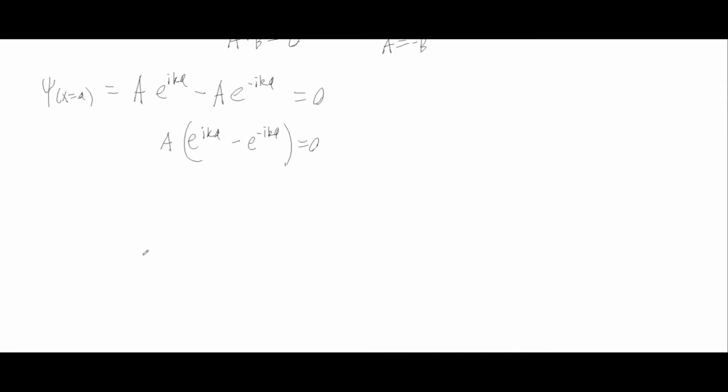So we will say that we need e to the i k a minus e to the minus i k a to equal 0.